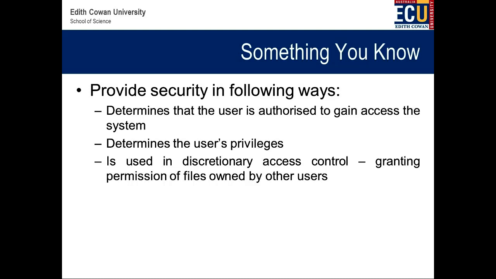If we specifically talk about the Unix operating system and the Windows operating system also, another user can grant you read access to a file, and when you access a system using your credentials, you may be allowed to read a file which is owned by some other user. So it also helps us in maintaining discretionary access control.